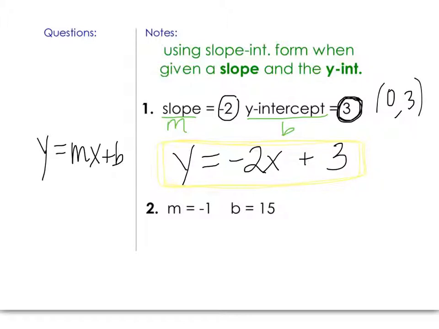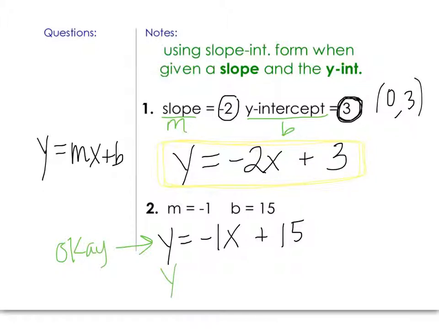So down here, it already says m equals -1 and b equals 15. So y equals -1, or y equals mx plus b. Why this is okay, just saying y equals -x plus 15, this is better.